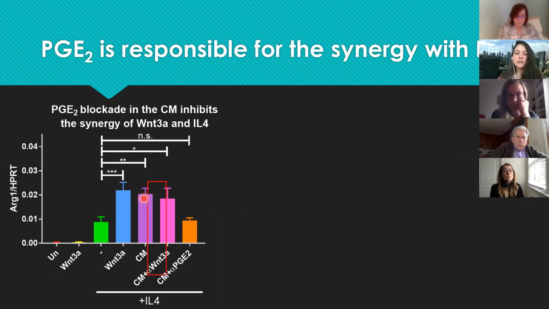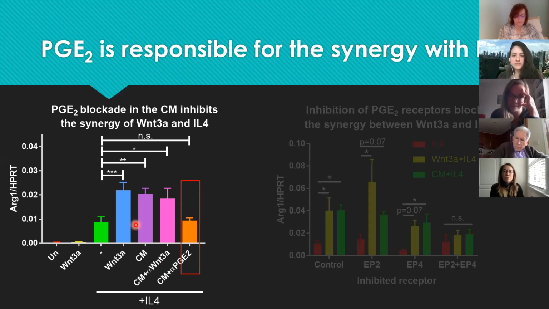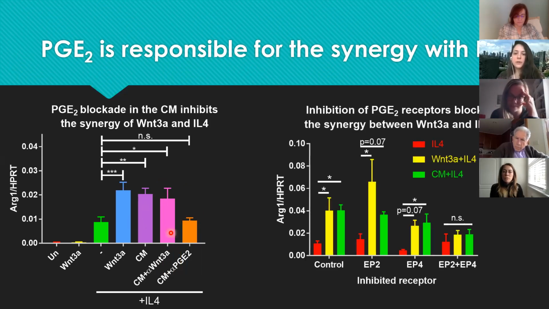When we blocked Wnt3A itself in the conditioned media, again, we saw the enhancement in the synergy between this conditioned media and IL-4. But this enhancement was completely abrogated if we treated the Wnt conditioned media with a blocking antibody to PGE2.